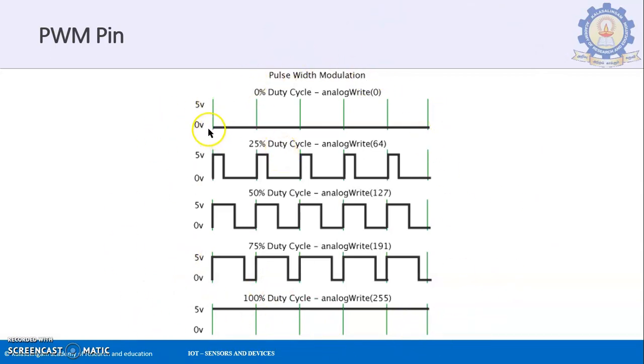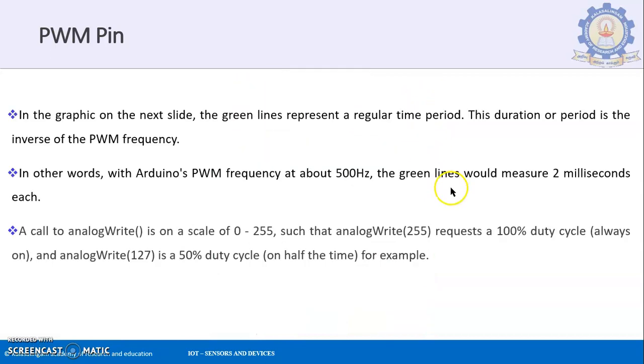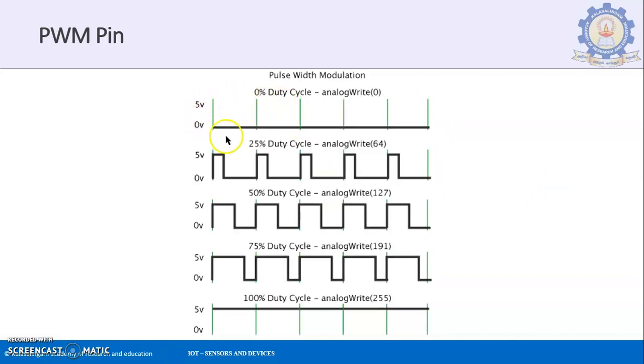So you see 0% duty cycle. It is a DC signal which is always off. This is with respect to the green line which is 2 milliseconds, and 2 milliseconds is nothing but 500 Hertz. So we are talking about a 500 Hertz input signal, which is split into 2 milliseconds, F equal to 1 by T. But when you have 0% duty cycle, the on time is 0%.